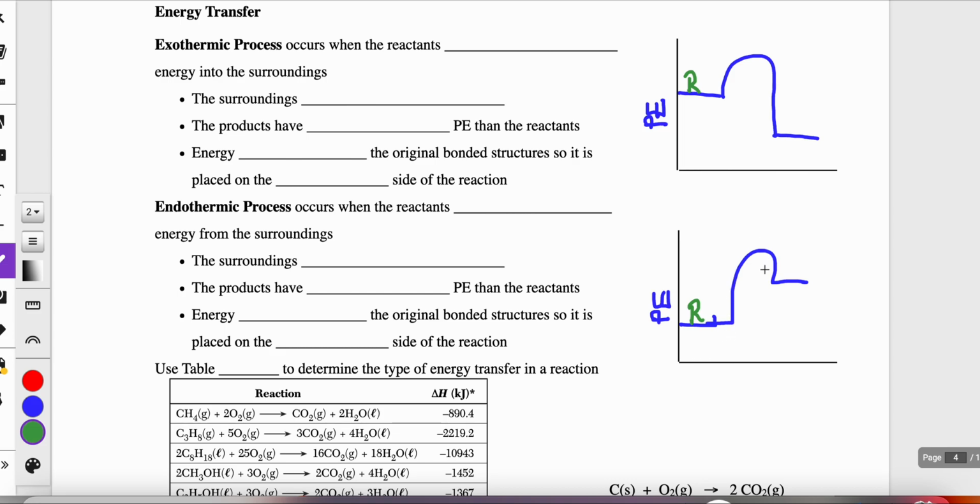The pathway hill is the process of what's going on with energy to go from the reactants in order to form the product. So the more right-hand platform always represents the products.